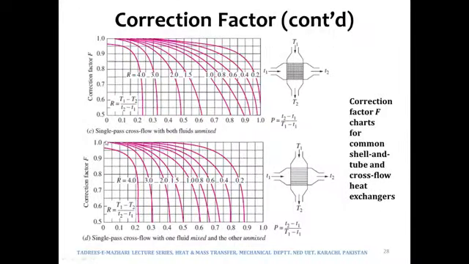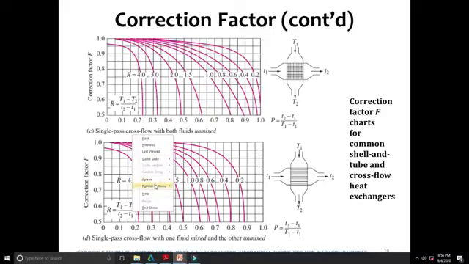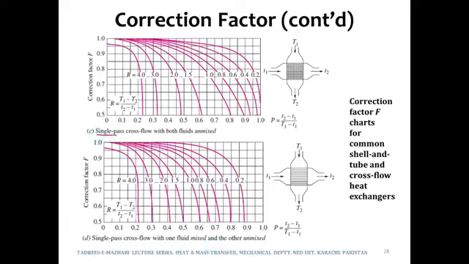Now moving forward, the correction factor for single pass cross flow with both fluids unmixed, and over here we have got single pass cross flow with one fluid mixed and the other unmixed.